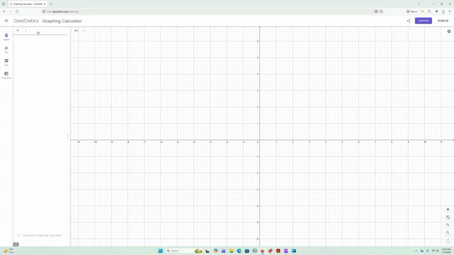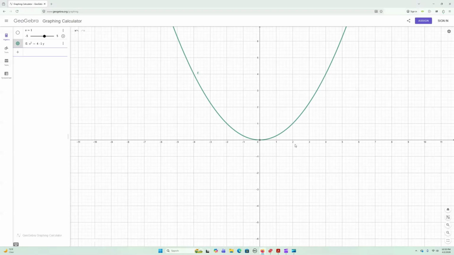Okay, so let's check our work. We'll plot the parabola x squared is equal to 4 times a times y. Notice that this parabola is rotated 90 degrees counterclockwise, or pi over 2 radians counterclockwise, compared to the parabola y squared equals 4ax. And let's plot the focus, which we determined should be the point (0, a).